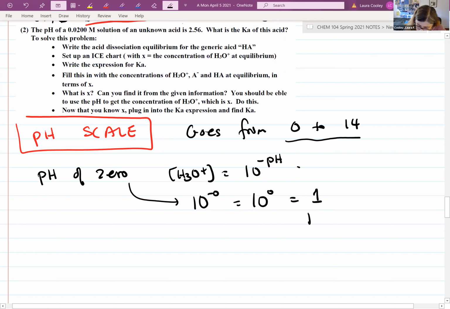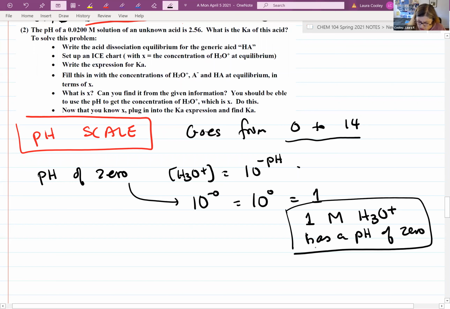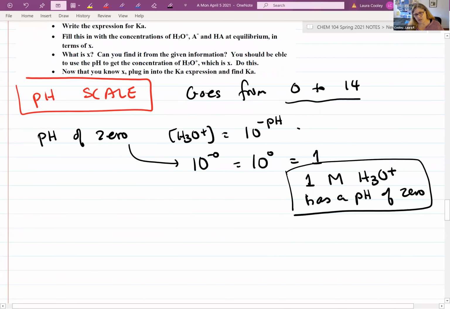So that would mean 1 molar H3O plus has a pH of 0. Okay, that is a pretty strong acid concentration, 1 molar.